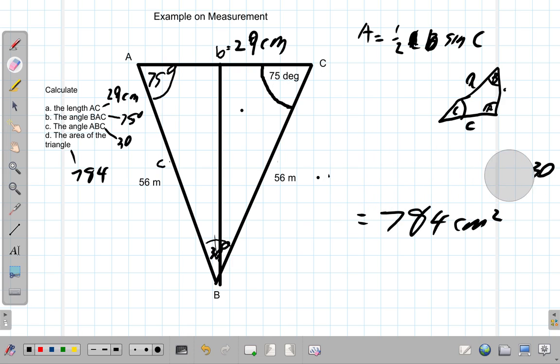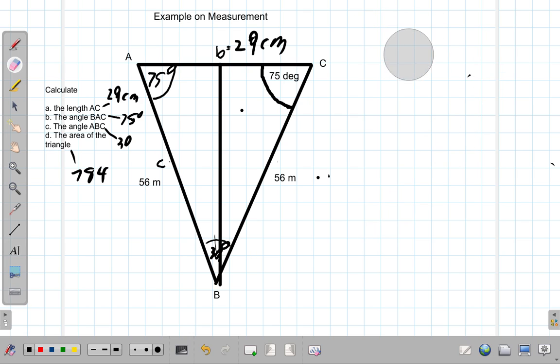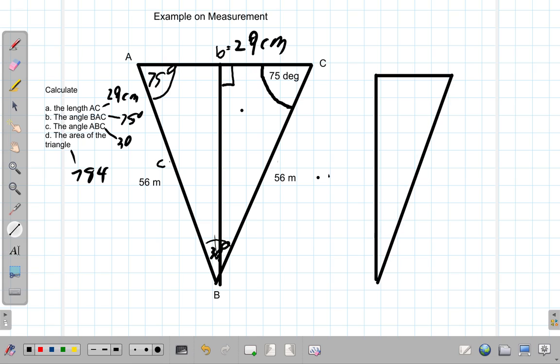We said it was 784. When I say we're going to use trigonometry, I'm talking about sine and so on. Might as well we just consider taking the triangle out instead of trying to work with it mixed up with everything else. Let's just take one side of the triangle out.